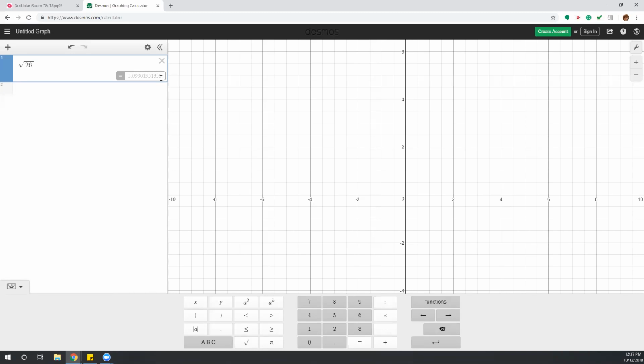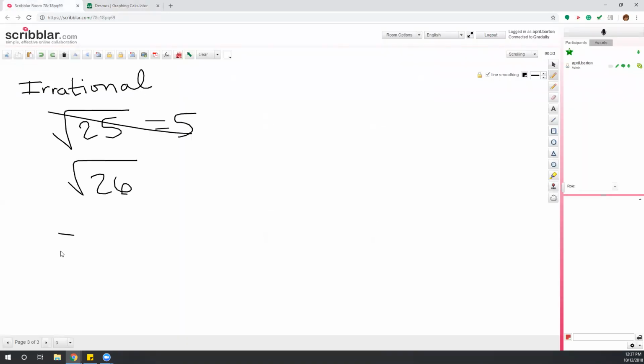So if it's a big long decimal, usually that means it's going forever. So 5.099... that is irrational, because it's a decimal that does not repeat and goes forever.